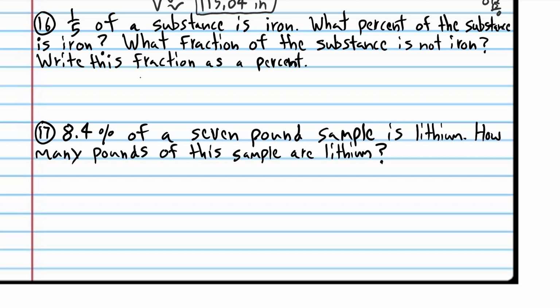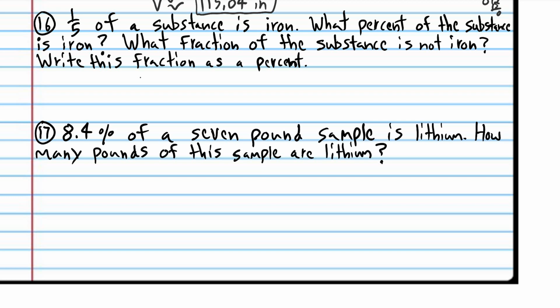Anyway. Number 16, 1/5 of a substance is iron. What percent of the substance is iron? And then we'll get to the other part of the problem later. But this is just telling you to change a fraction to a percent. No big deal. So remember, when you change a fraction to a percent, the first thing you want to do is change it to a decimal, and then that will make it easy to change it to a percent.